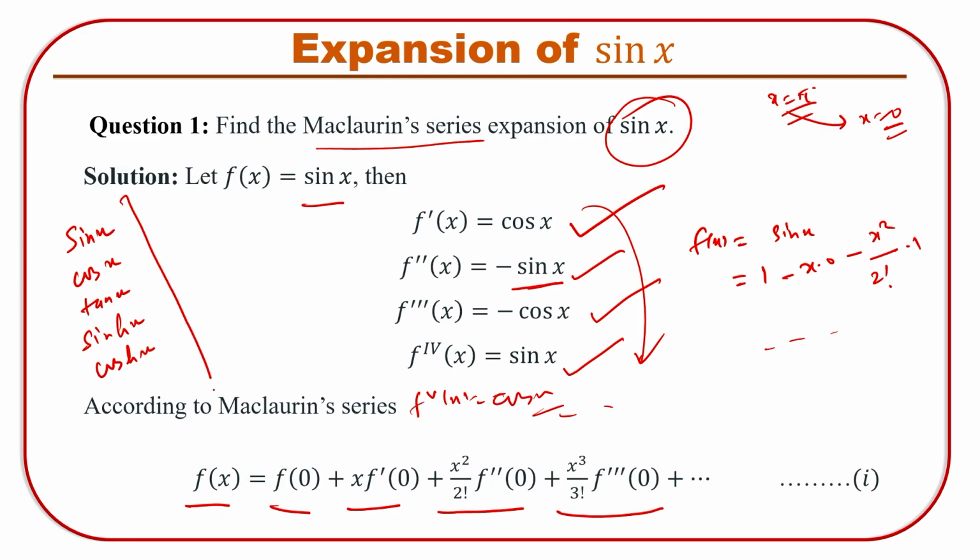These are the examples we had already done, and your assignment for this lecture is to find out cot of x, then tan hyperbolic of x, and then cot hyperbolic of x, and also use this formula to find out sec of x, right.